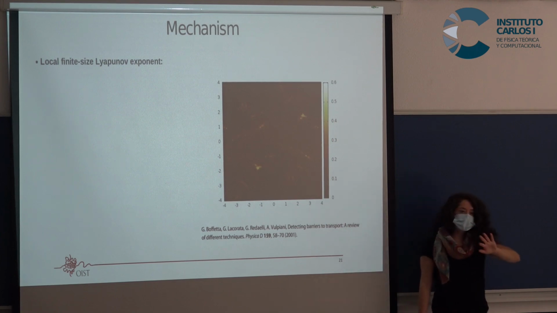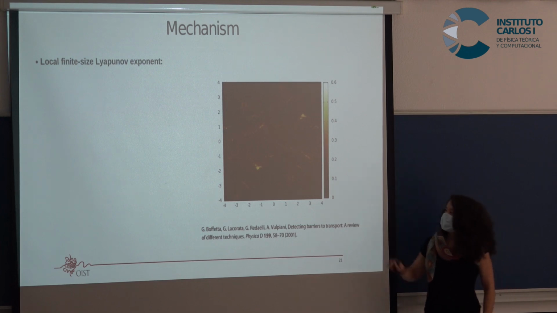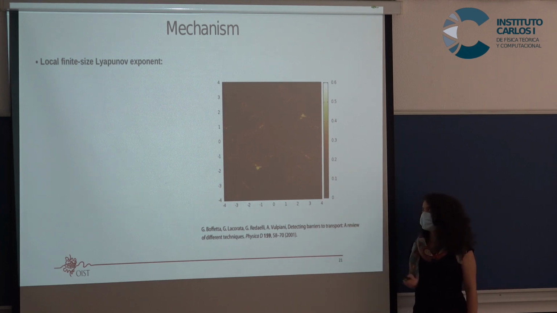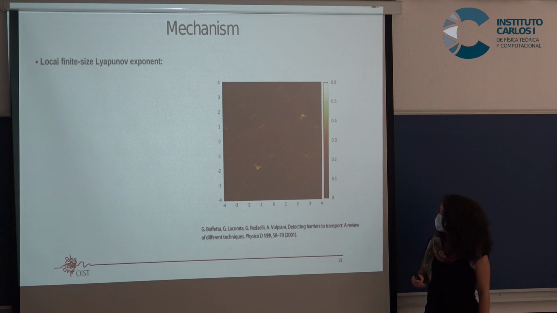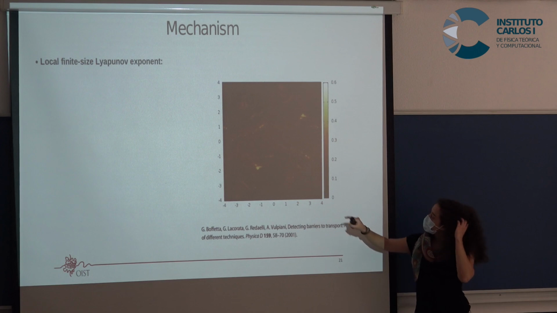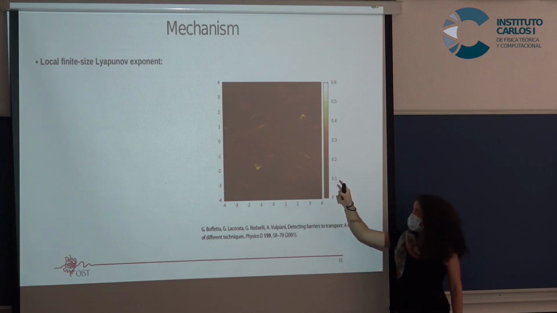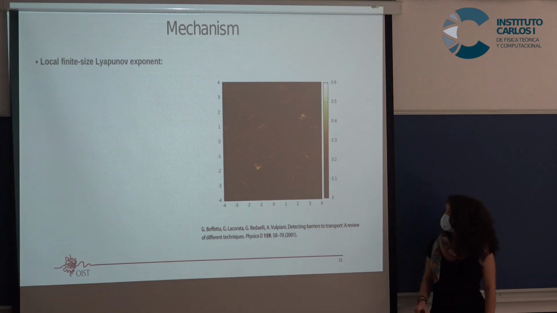The procedure to obtain it is a little complicated, so I prefer not to explain it. I had it up on a slide, but I think it was a little difficult for this. So just keep in mind that we have an exponent for each point in this space.